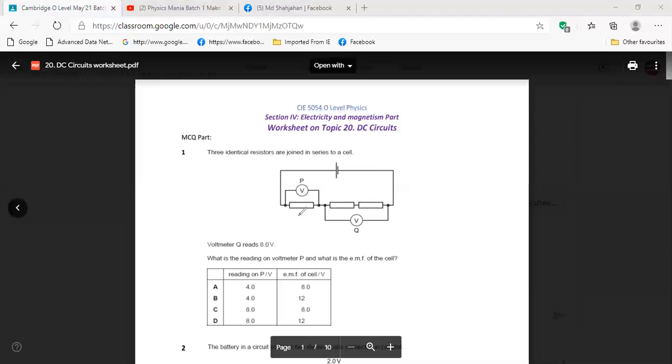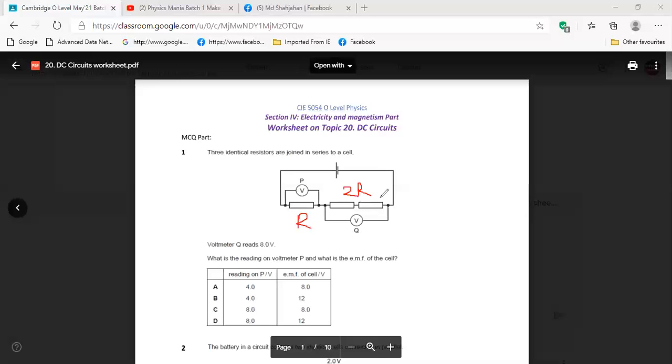If it is R, it will be 2R. Note it down there. Now, any voltage sharing here will be double, right? According to the potential divider rule.